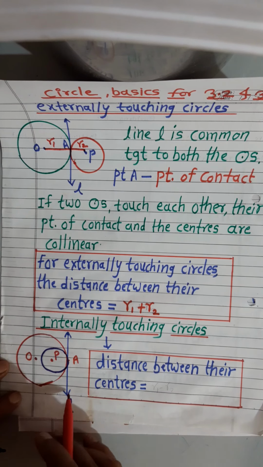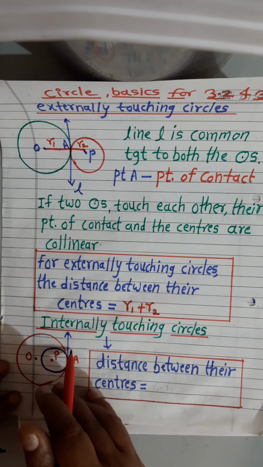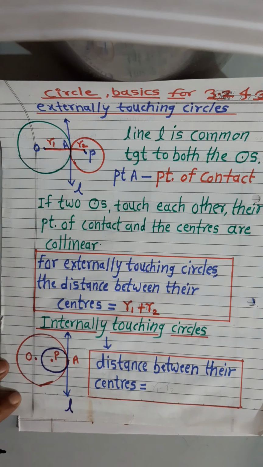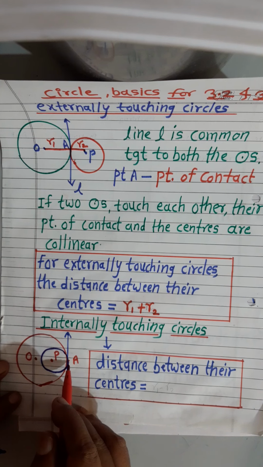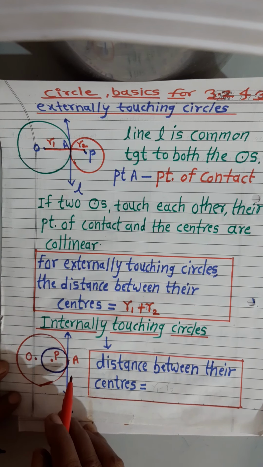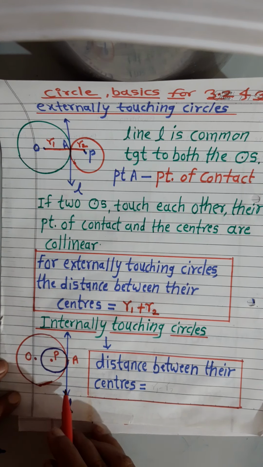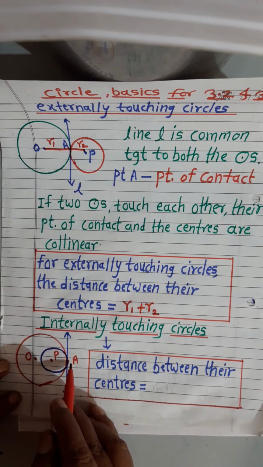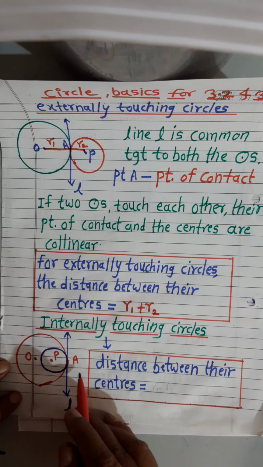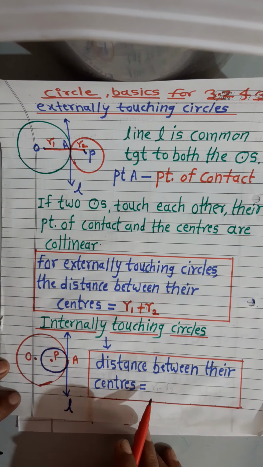Again, line L is the common tangent to both the circles, and point A is again the point of contact. Line L touches the smaller circle at A, and it also touches the bigger circle at A.